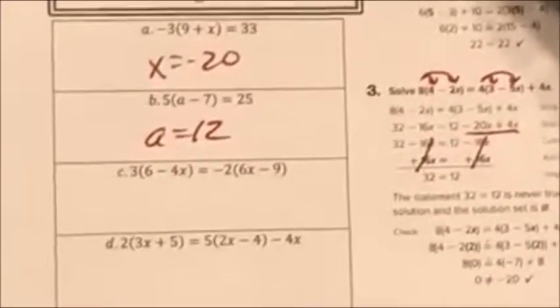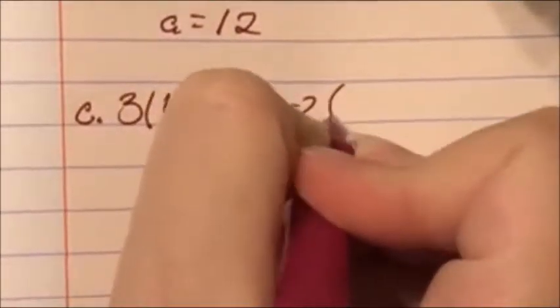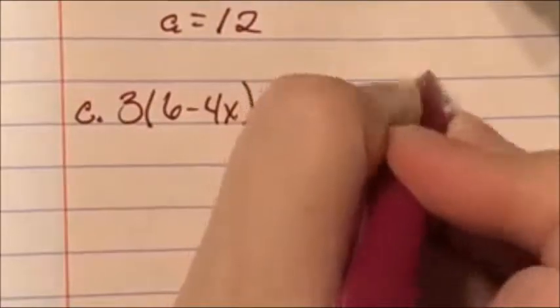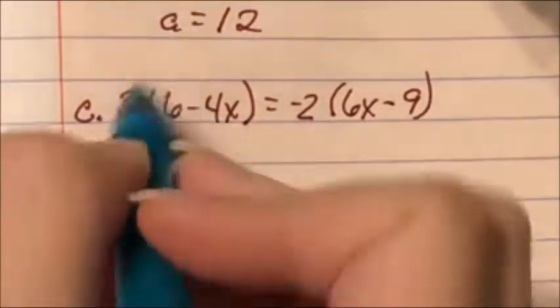Letter C says 3 times the quantity 6 minus 4x equals negative 2 times the quantity 6x minus 9. So again, I want to use the distributive property.